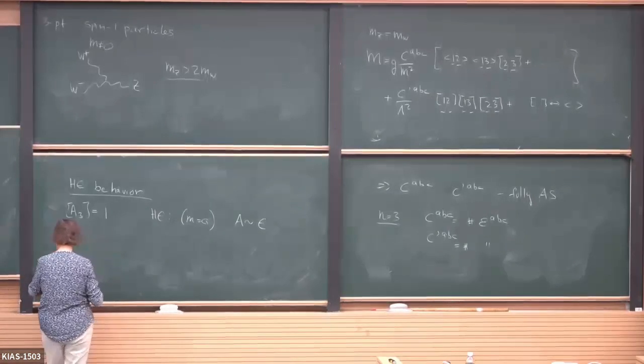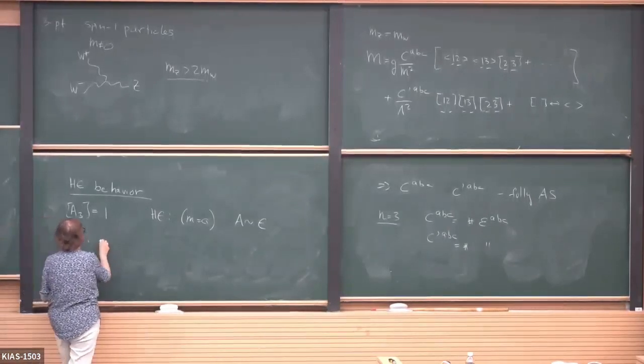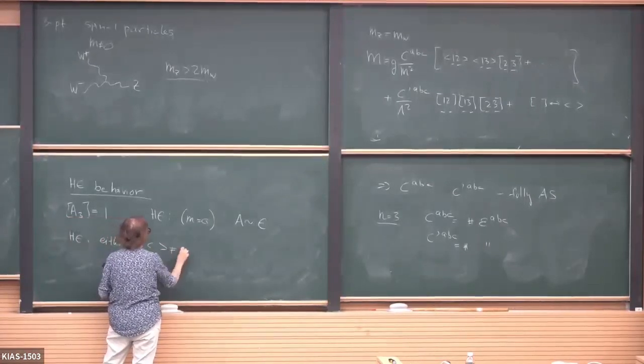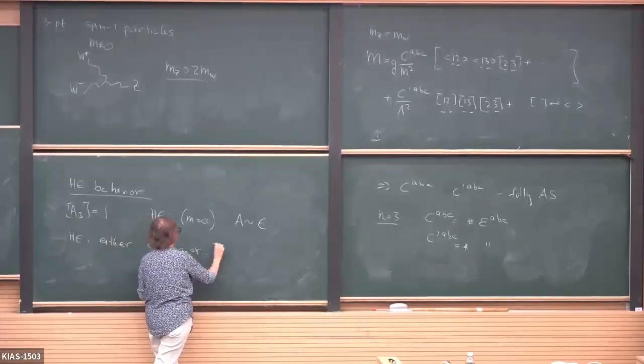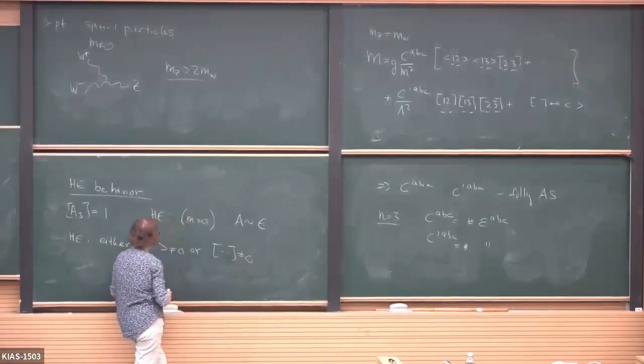As we take the high energy limit, either the square is non-zero or the bracket is non-zero.